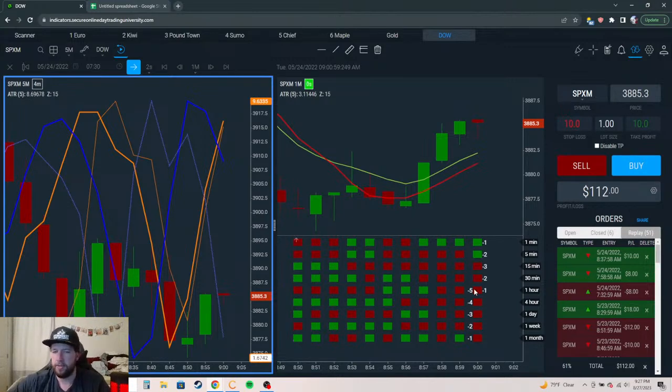It's not perfect, but it gives you a pretty good idea. For example, this one's red right here. This is telling me that if I were to look at a 15-minute chart, from a glance, it's going to look pretty bearish. And on a 5-minute, it's going to look a little more bullish, and so on. So it's kind of cool.